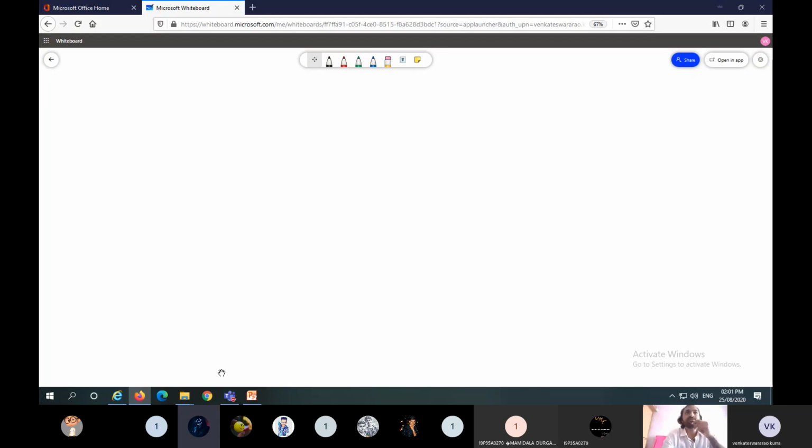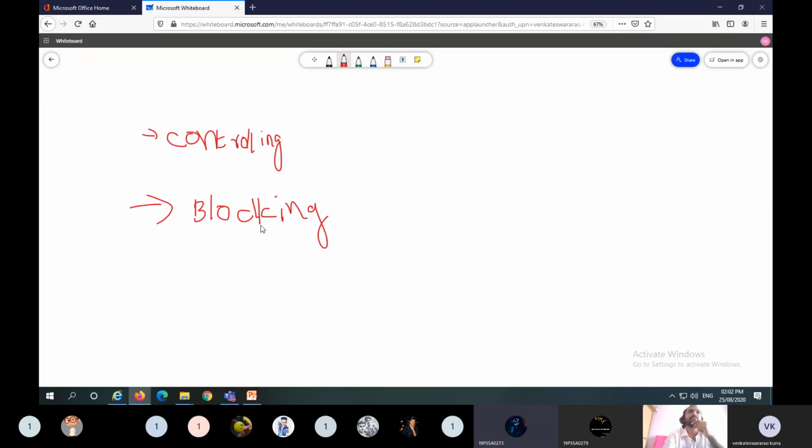Next, coming to classification of power semiconductor devices. Power semiconductor devices are classified based on, first one, controlling; next one, based on blocking of input voltage; and third one, based on direction of current flow.